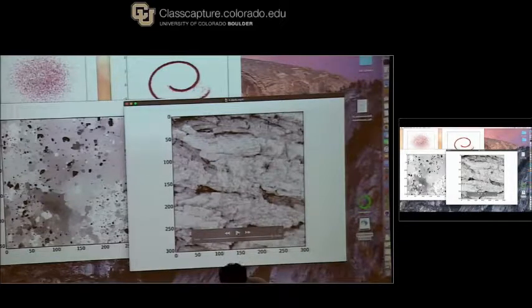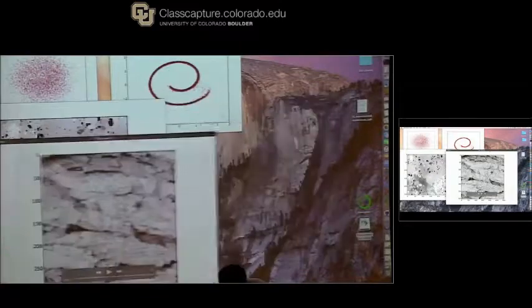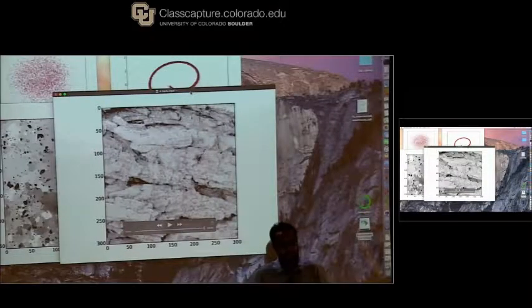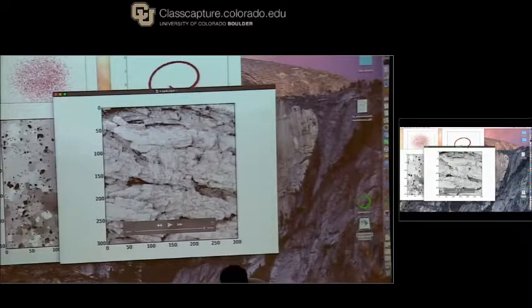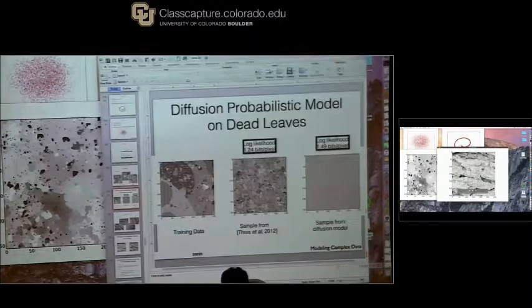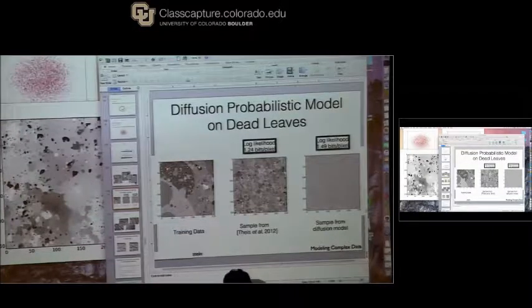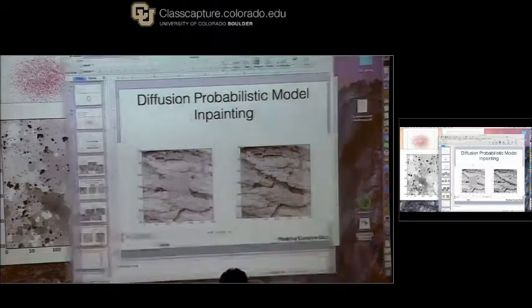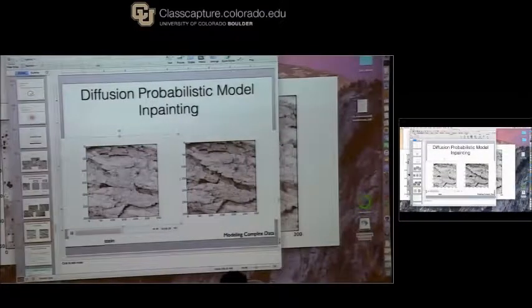Now this goes back to your question about generalization. First of all, this piece of bark was never in the training data. So it's a new piece of bark it's never seen before. But you can compare it to the actual piece of bark.